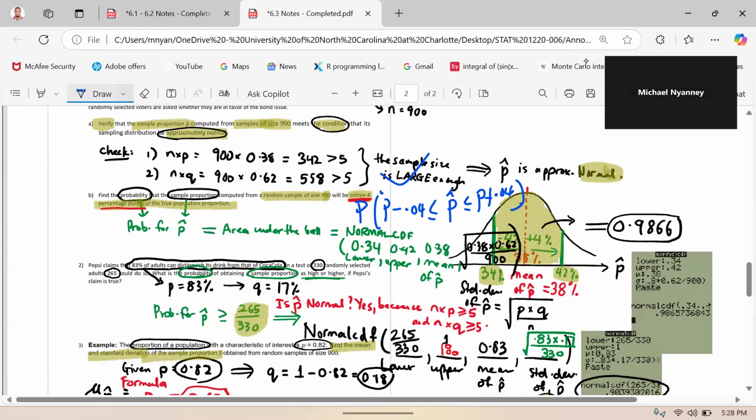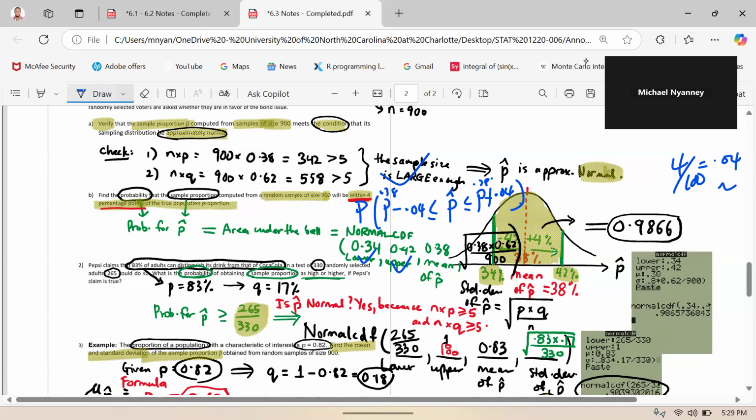Our P here is 0.38. So if you do that, you're going to get 0.04, that's 4%. 4% is 4 over 100, which is equal to 0.04. So subtract from and add to the P, you create an interval, with the lower to be this and the upper to be that.